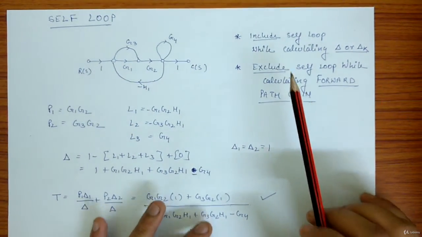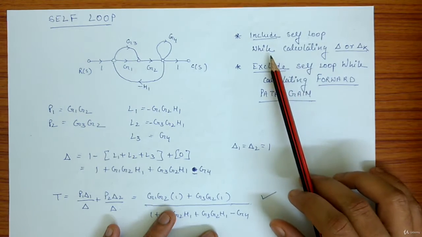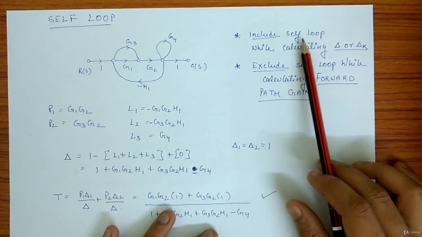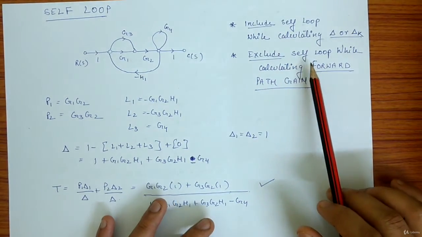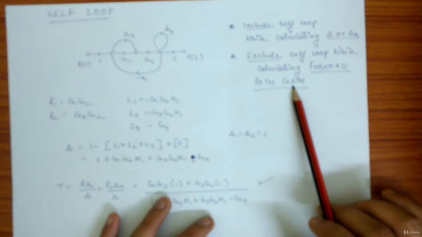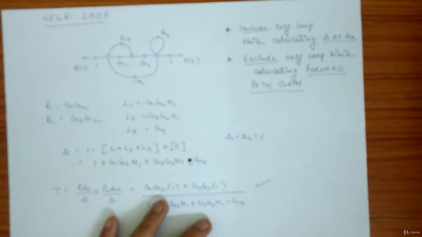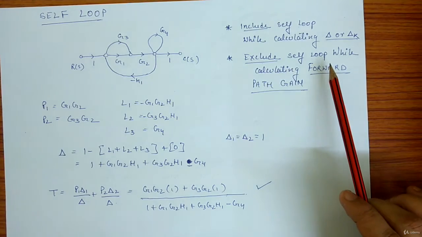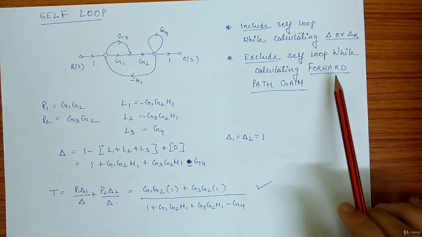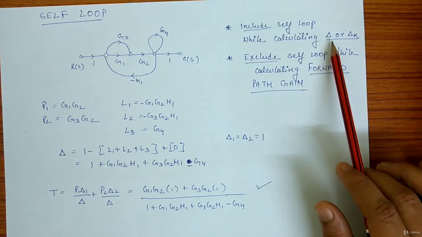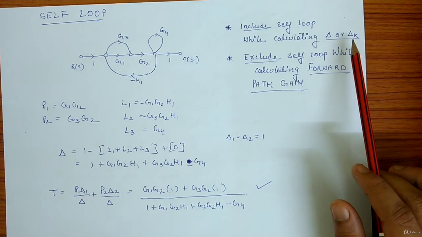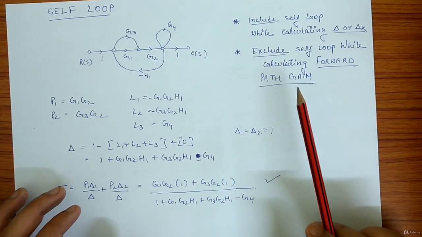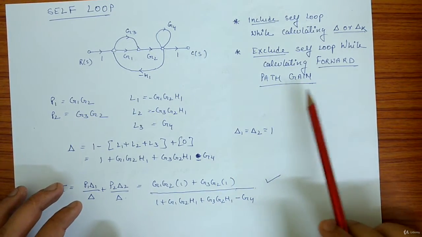Whenever you write the delta and delta k, you have to include the self loop, and whenever you are writing the forward path gain, you have to exclude the self loop. So exclude during forward path gain, include during calculation of delta and delta k. So as I said in the second point, we have to exclude when the forward path gain is considered.